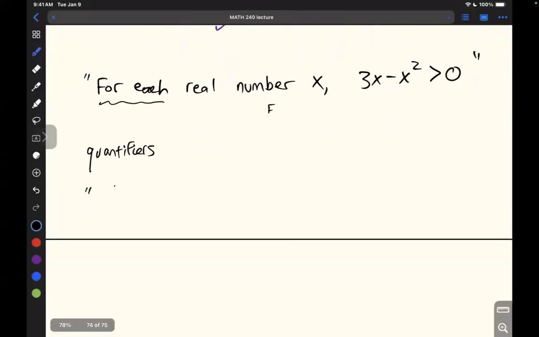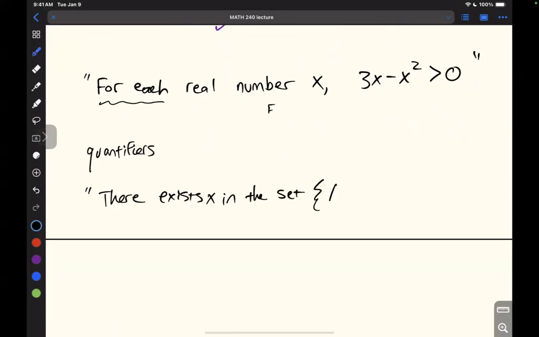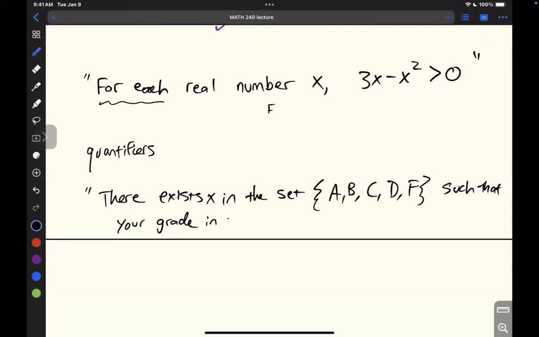We also have: there exists X in the set A, B, C, D, and F such that your grade in Math 240 is X.